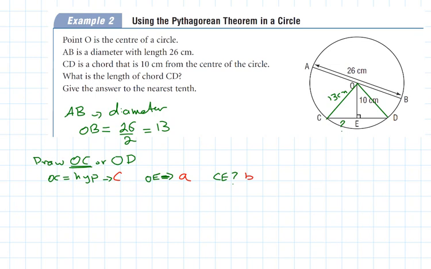So to solve this, we have A squared plus B squared equals C squared. That does not change.